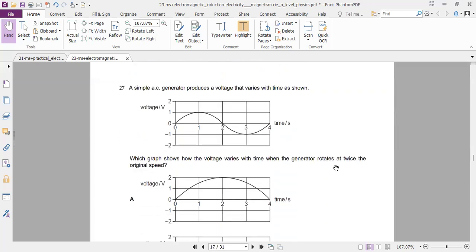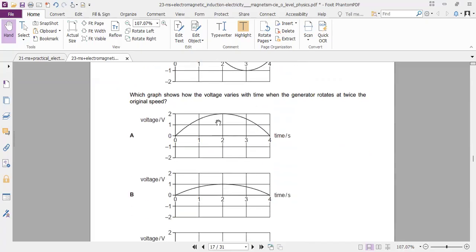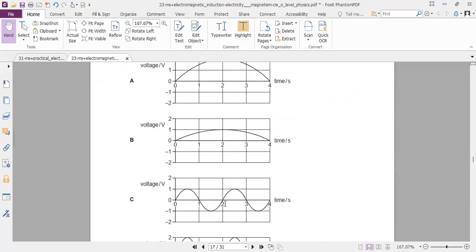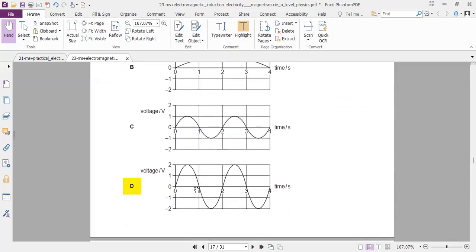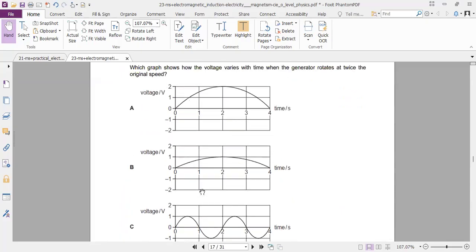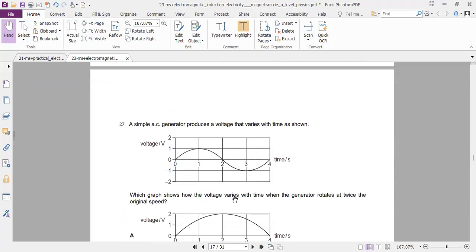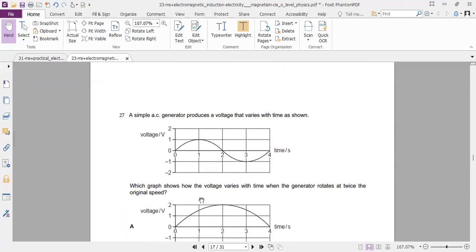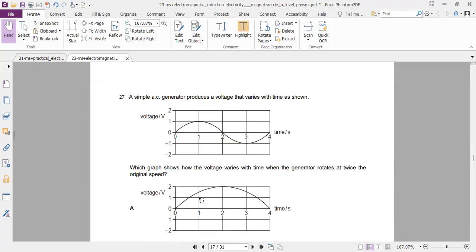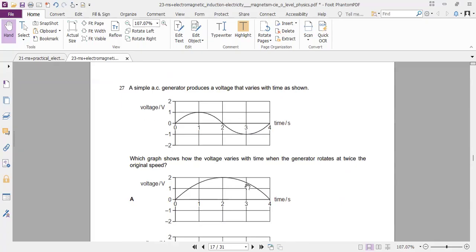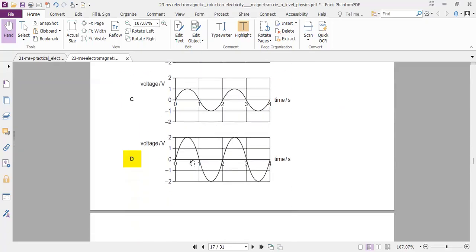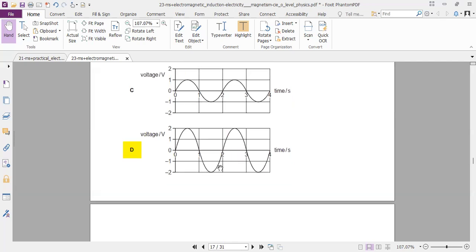So twice the original output will be this, but this one should be with increased amplitude. Twice the original output at twice the speed. So speed increase means amplitude increase and also frequency increase as well.